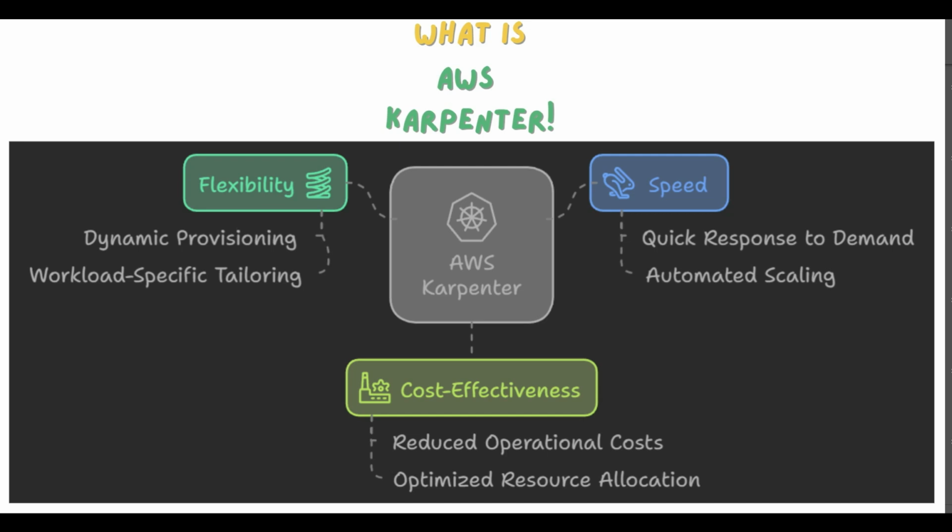Now, imagine when more customers walk into the restaurant, the manager has to quickly find more tables and accommodate everyone. This is exactly what Karpenter does. It acts as the smart manager for your cluster, dynamically scaling up or scaling down your nodes based on the demand.